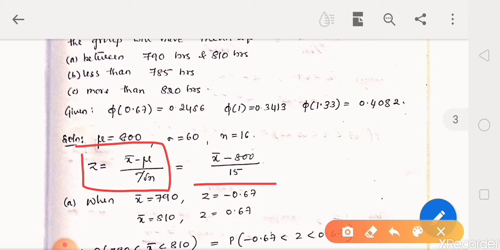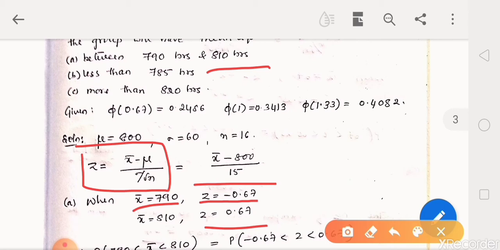Sub question A, average life between 790 hours and 810 hours. So when x bar equal to 790, what is the value of z? Z is minus 0.67. And when x bar equal to 810, value of z is 0.67.